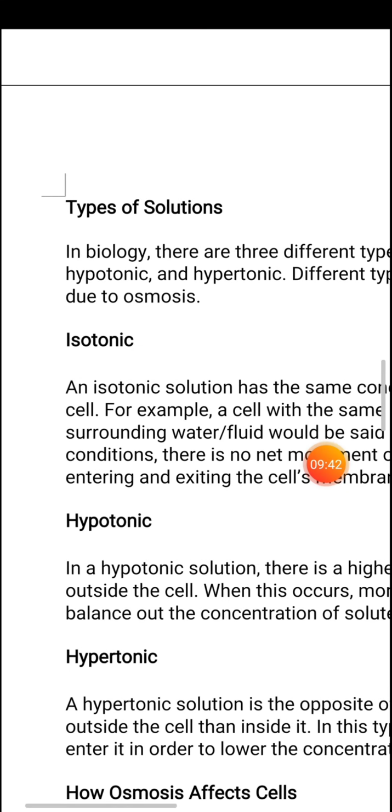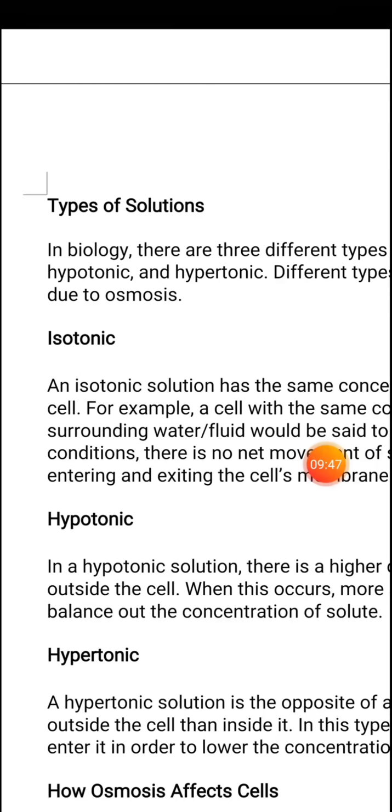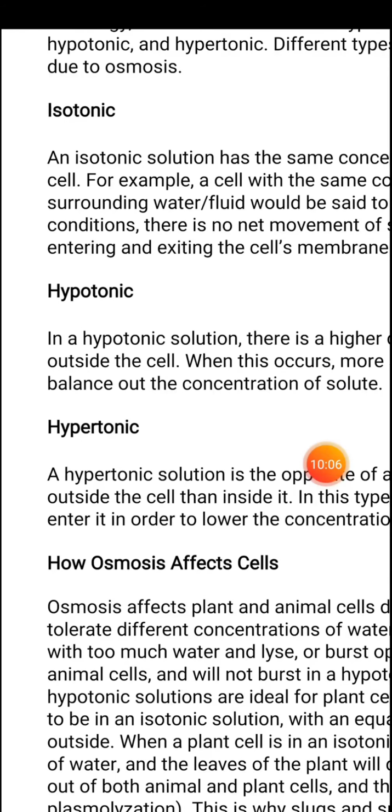Isotonic means if the solute part is equal on both sides, then it is known as an isotonic solution. Hypertonic solution means one side of the solution is less in solute and the other side is either equal or more in solute. Hypertonic means outside, that means whatever solution is present outside the cell, it is very high.